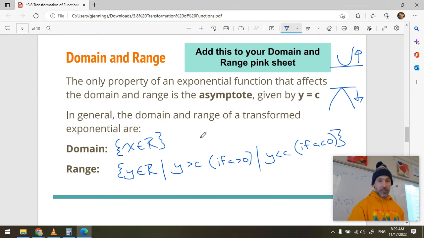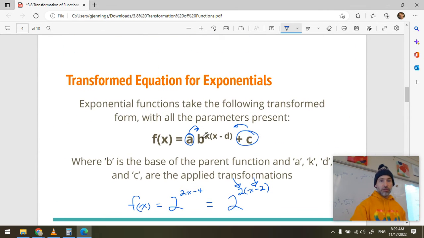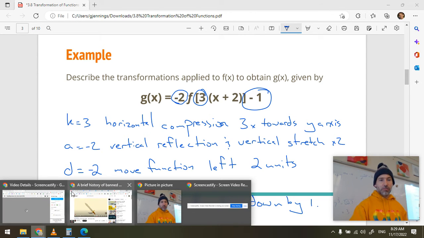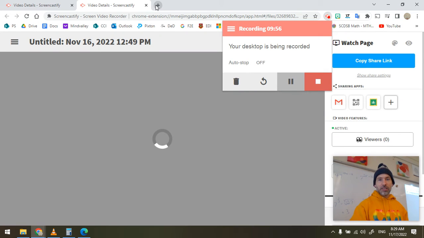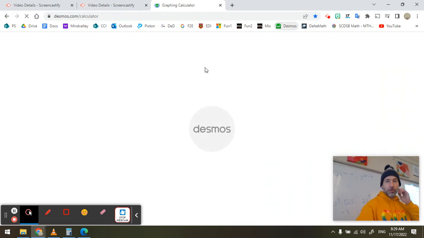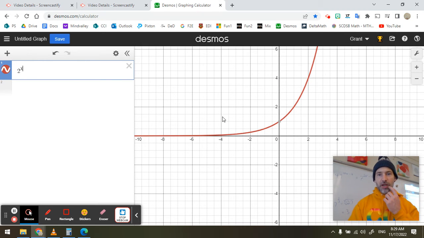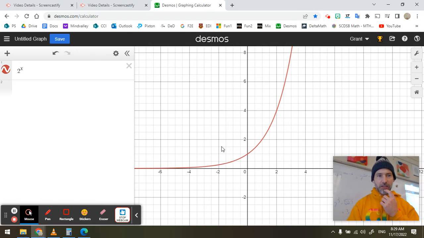So let's take a look at some of these in Desmos. We talked about these transformations here: -2 for a, 3 for k, -2 for d, and -1 for c. So let's take a look at some exponential functions inside Desmos and apply those transformations and see them. Here is my parent function, 2 to the x.